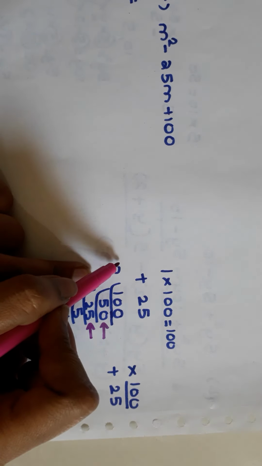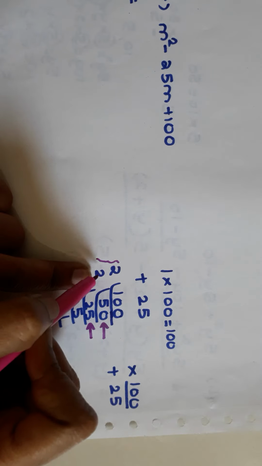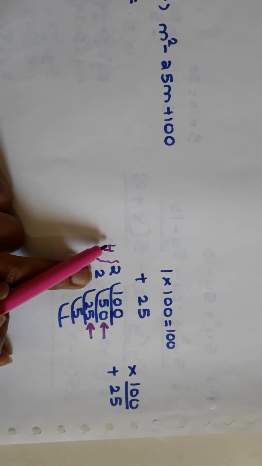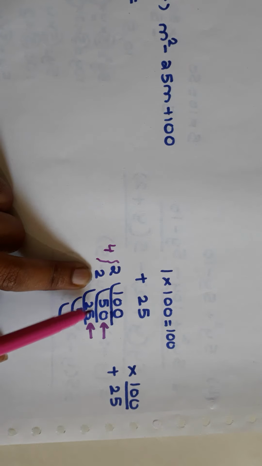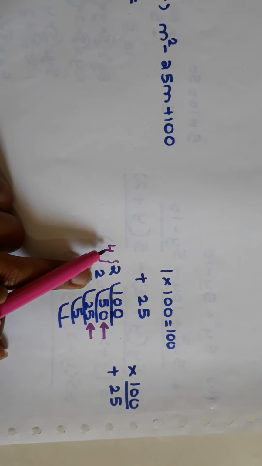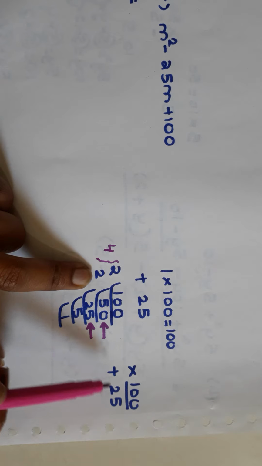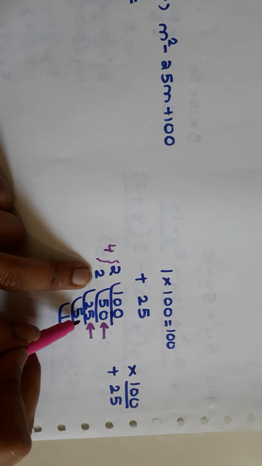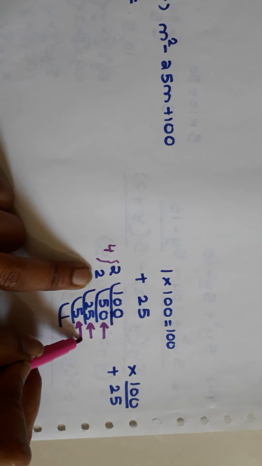Now take the product of 2 and 2, that is 4. 25 into 4 is 100, but 25 plus 4 is 29. We need 25. So that means the factors are not 25 and 4. Now take the next number to 25, that is 5.